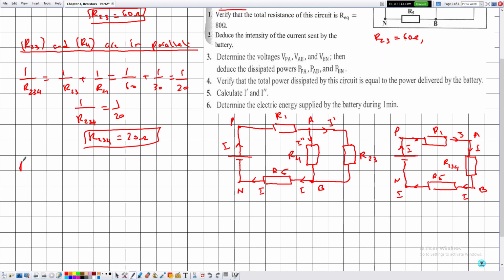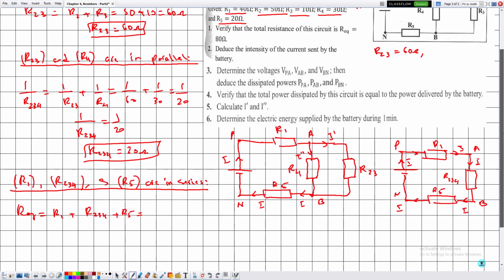So R1, R2, 3, 4, and R5 are in series. Then R equivalent equal to R1 plus R2, 3, 4 plus R5.